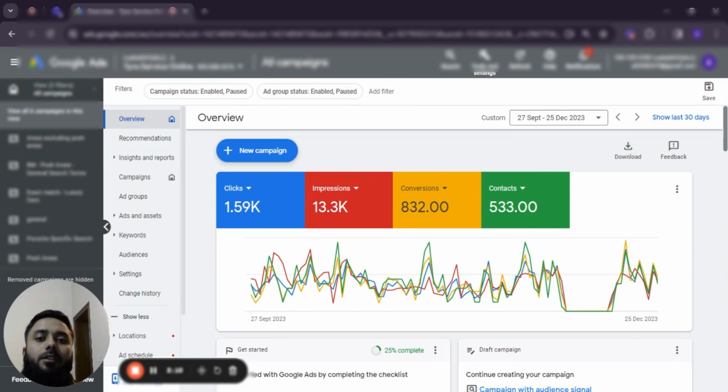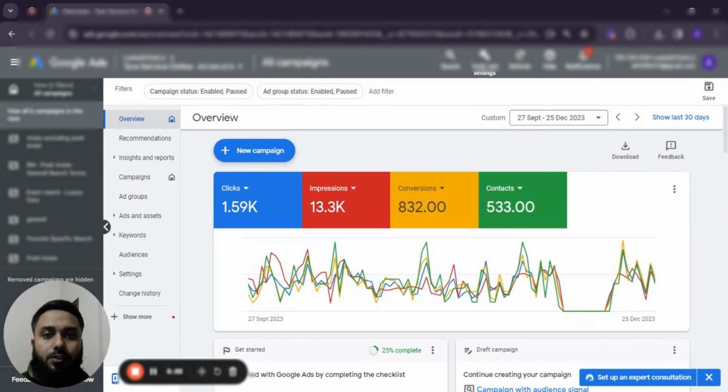Now let's talk about the keyword strategy. I researched my keywords through Google Ads Keyword Planner and I added the highly relevant and top searched keywords as exact match and phrase match keywords. Some of the keywords had low search volume, but I added those keywords in my campaigns because they were highly relevant long tail keywords, and those keywords are performing well.